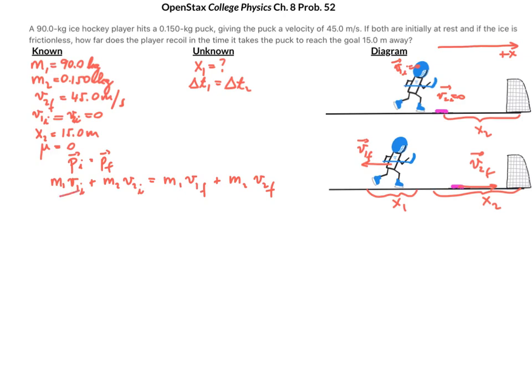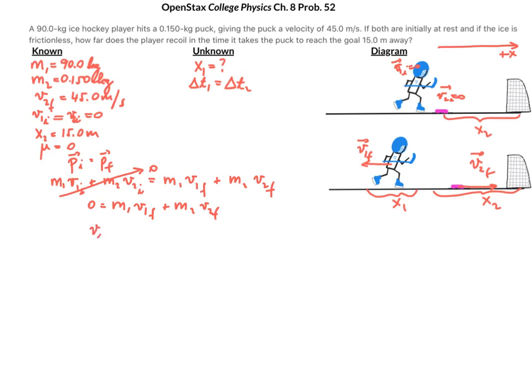And we know that this is 0. Initially, both the puck and the hockey player are at rest. So we have 0 equals m1 v1 final plus m2 v2 final.